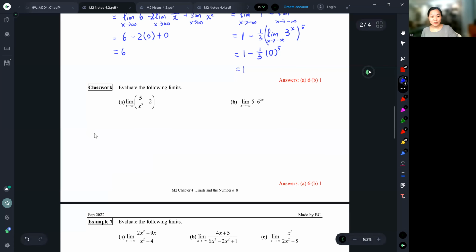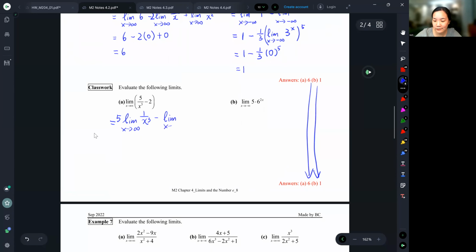Okay, most are done. Now this answer, I just copied the example. That's not the correct answer. For this one, you separate the limits, right? And also you take out 5. And then you get 5 times 0 minus 2, you get minus 2, okay?